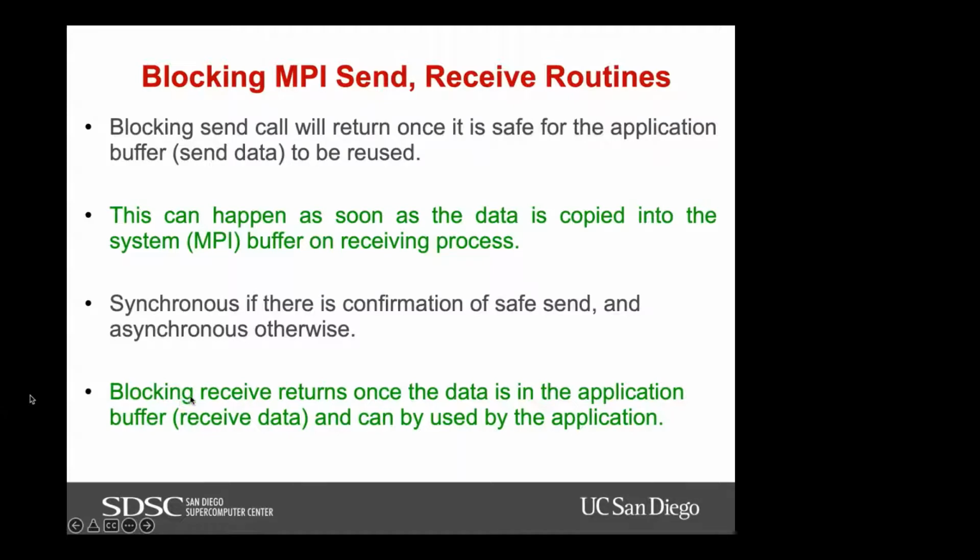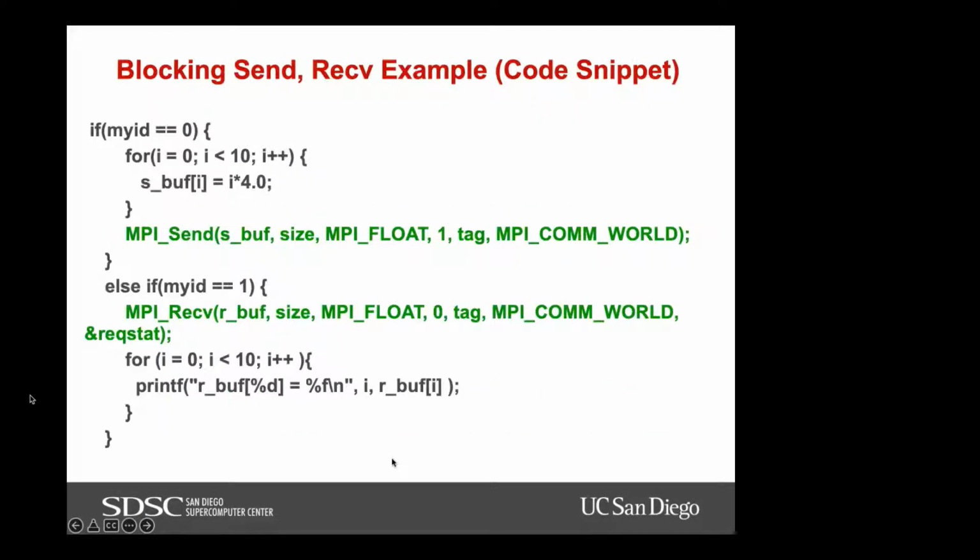And then the blocking receive returns once the data is in the application buffer, so the receive buffer can be used by some other thing. So this is kind of the slowest thing, because everything is going to wait for confirmation. But it's also very safe, right? Nothing moves along till there's confirmation that either it's been sent or received in the right buffers.